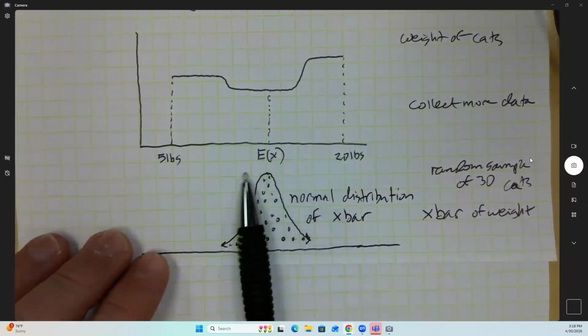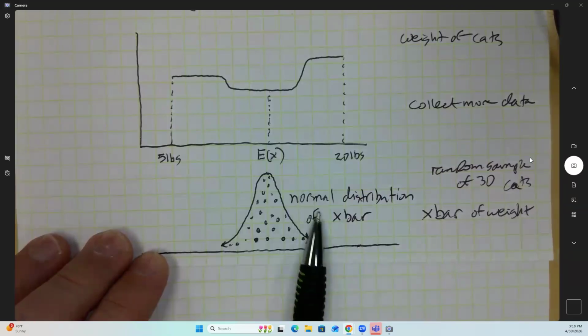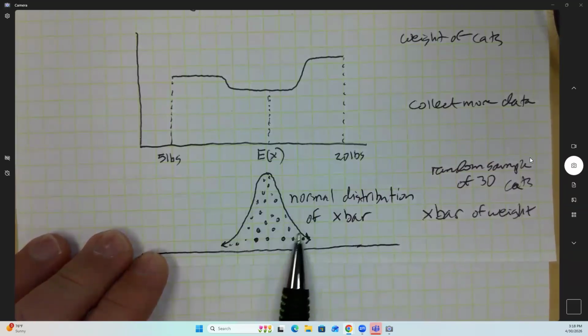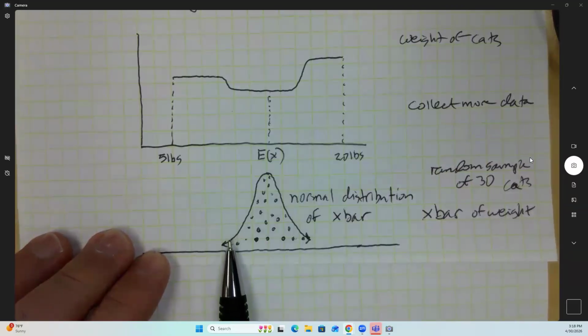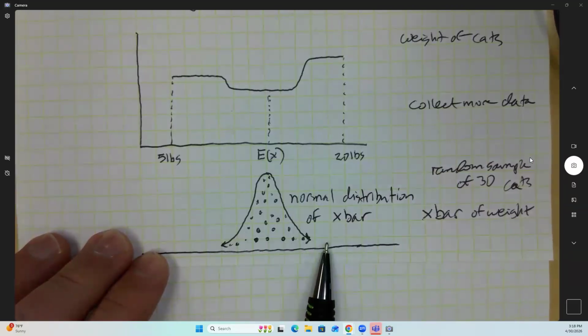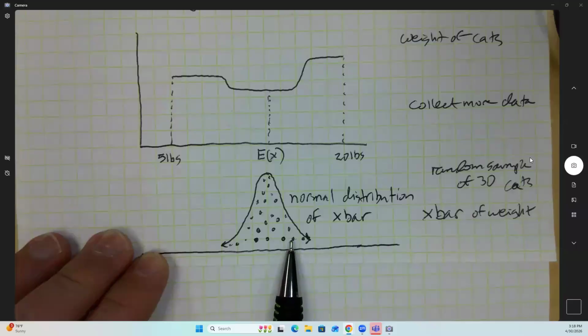Can I use my normal distribution tools on this lower distribution? Yes, because it's a normal distribution. So now I get to do things like how far away is 2 standard deviations? And is it surprising because it's more than 2 standard deviations or not?